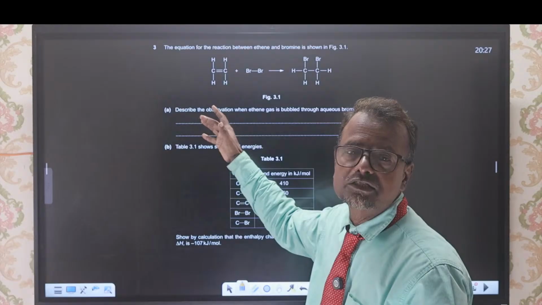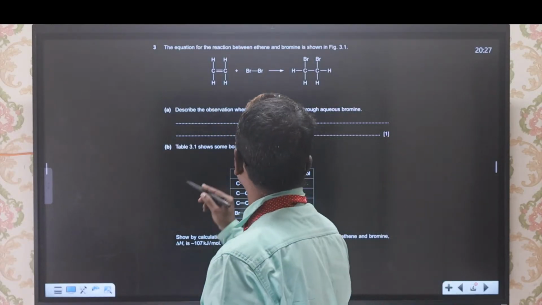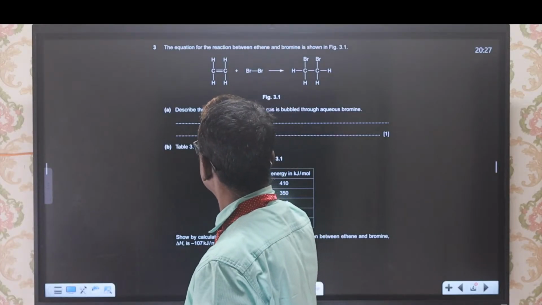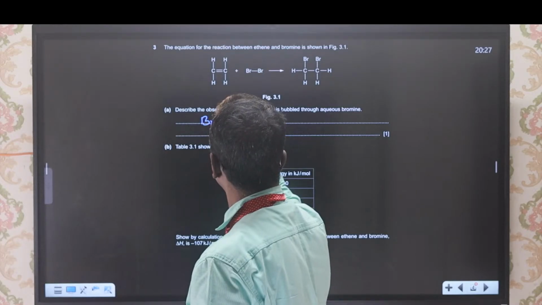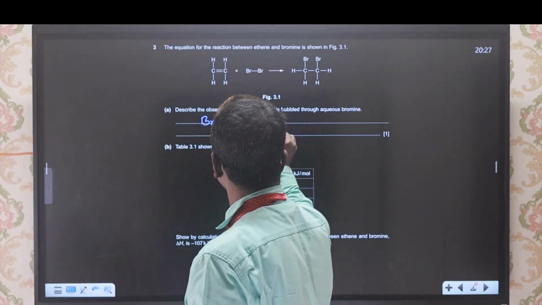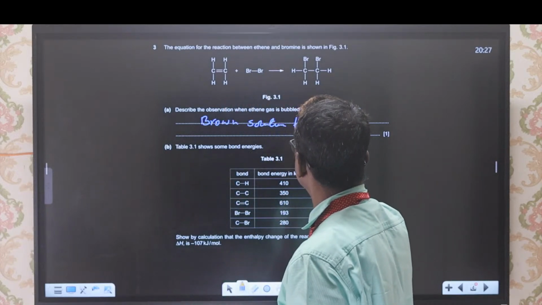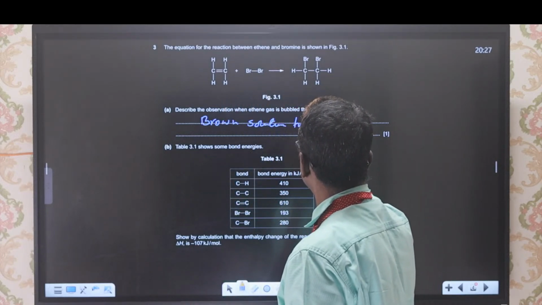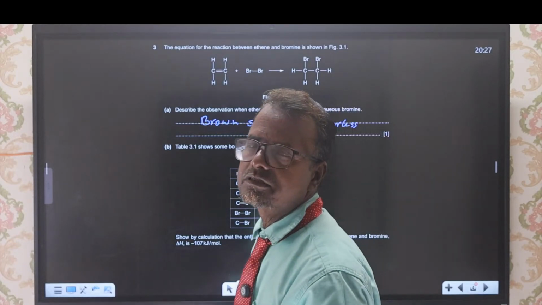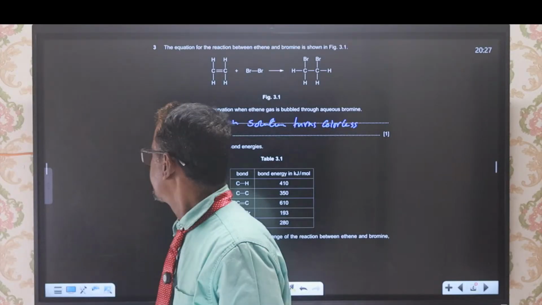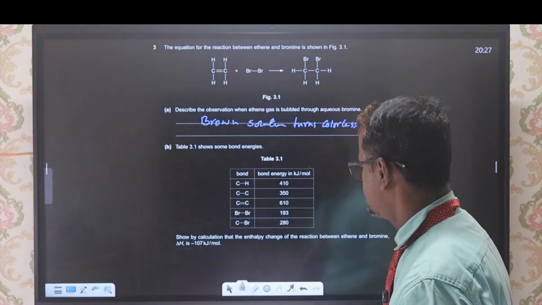That means the brown solution turns colorless. So the observation is brown solution turns colorless, or you may say the brown color disappears. Okay.